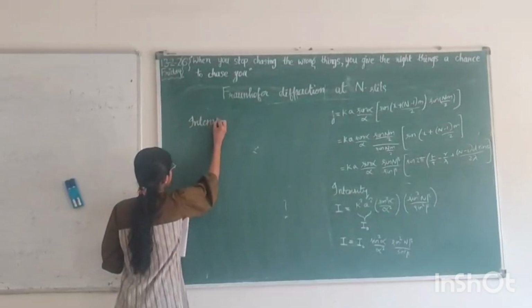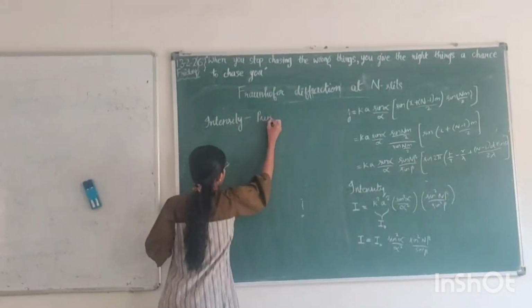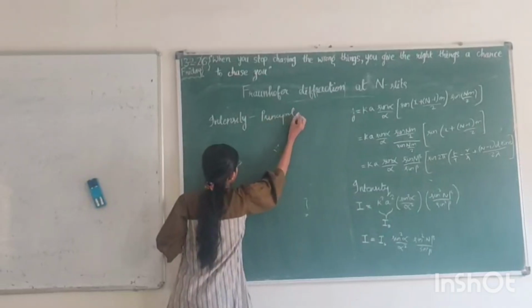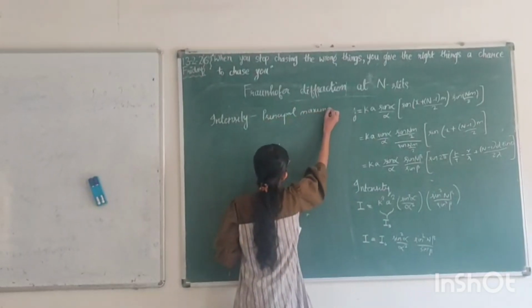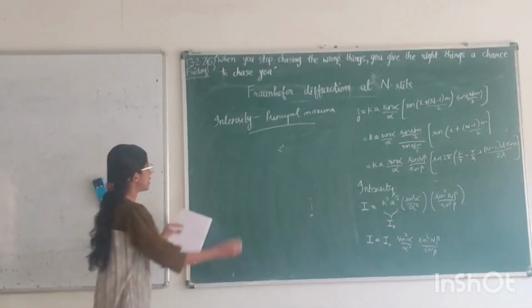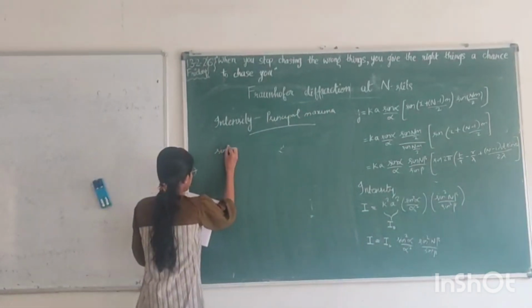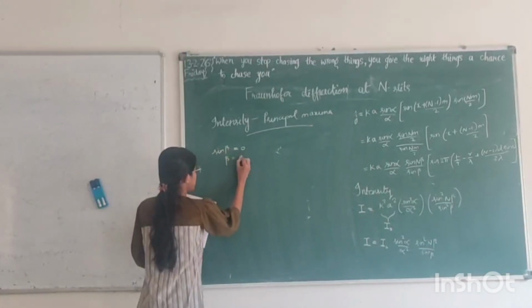Intensity in the case of principal maximum. So then we have to consider that if sin beta is equal to 0, beta will be equal to plus or minus n pi.